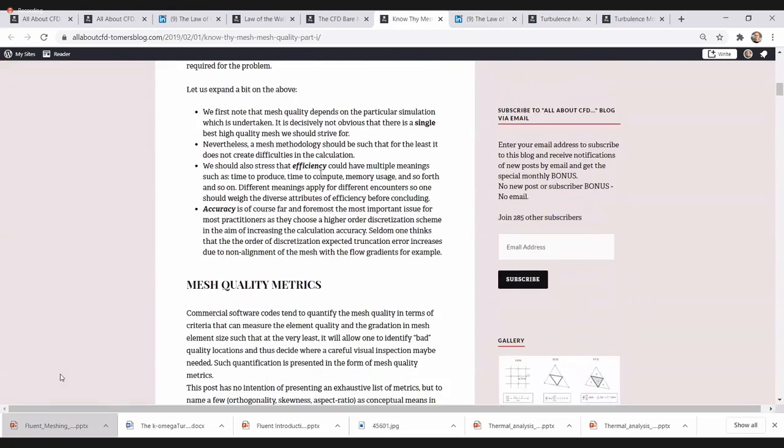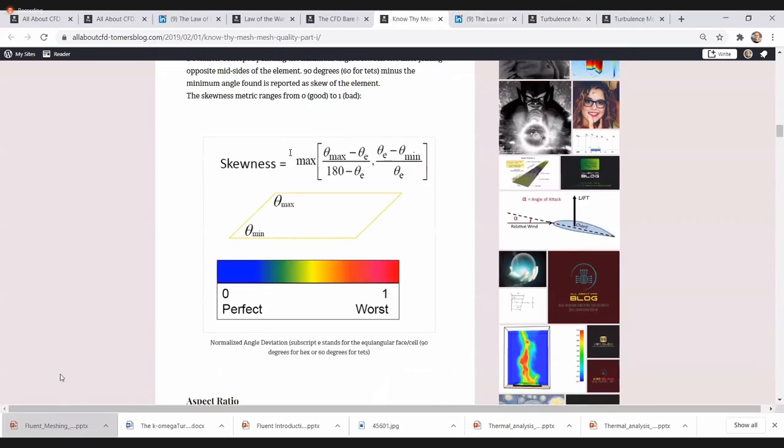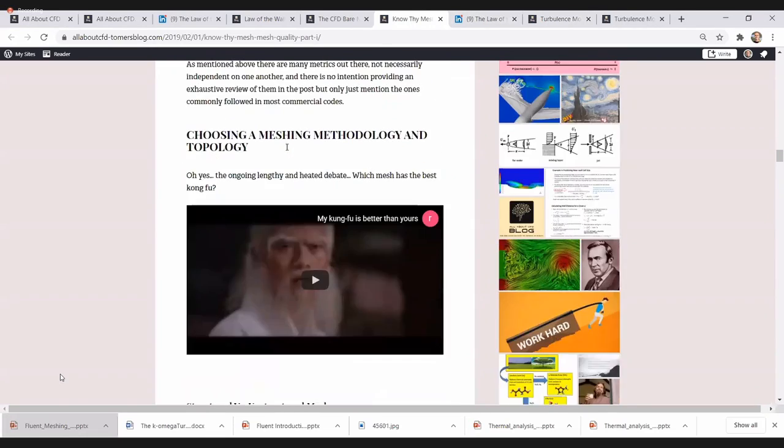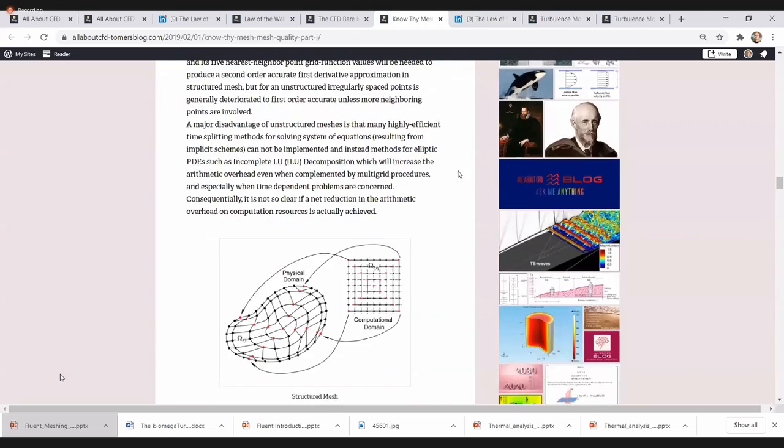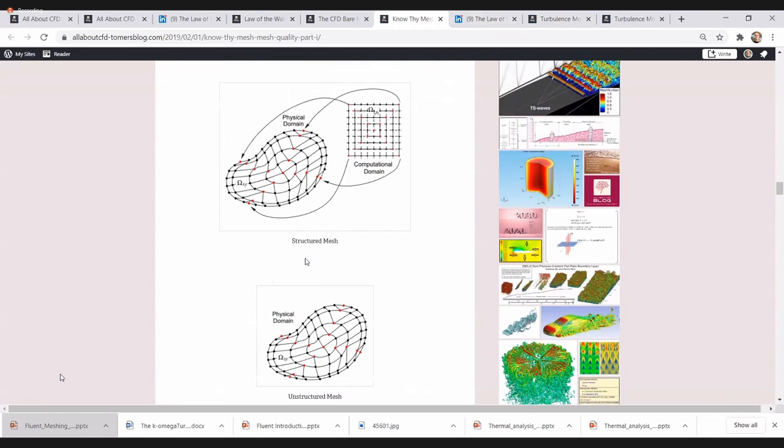Now let's look a little bit at meshing, with some meshing metrics. The difference between structured meshing and unstructured meshing: structured meshing means that you can take every point from the physical domain and map it into a cube-like computational domain, solve the problem there, and transfer it back.